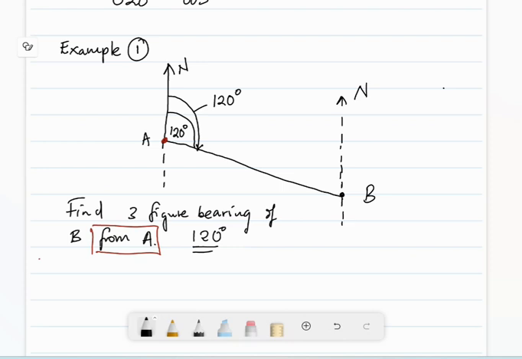That's the three-figure bearing. So if I ask you to find the three-figure bearing now, find three-figure bearing of A from B. So what you simply need to do is to try and fill in these angles around here, around B, right? We already know that, okay, these are parallel lines, the north line and the north line, they are both parallel.